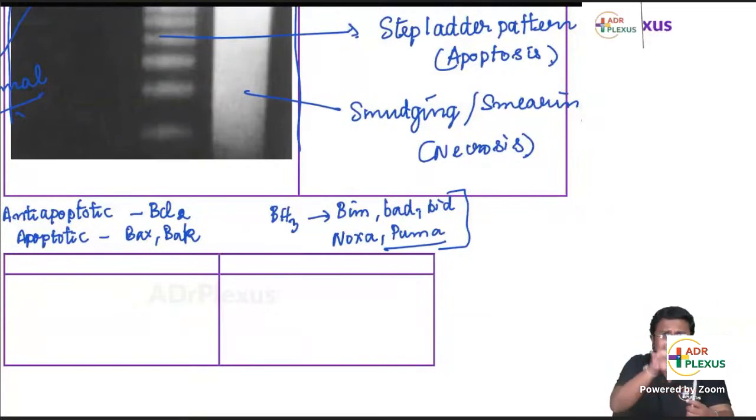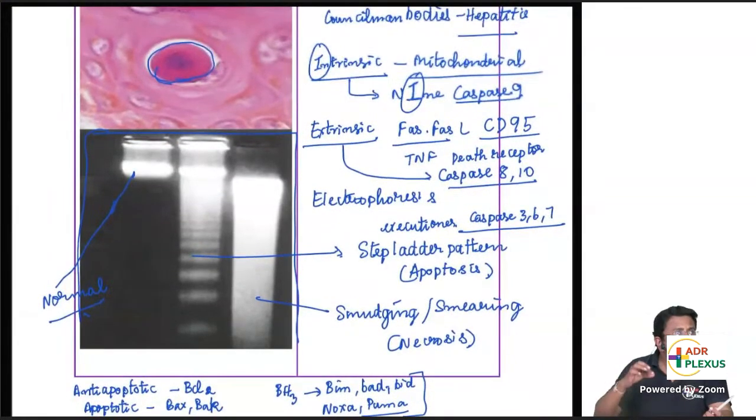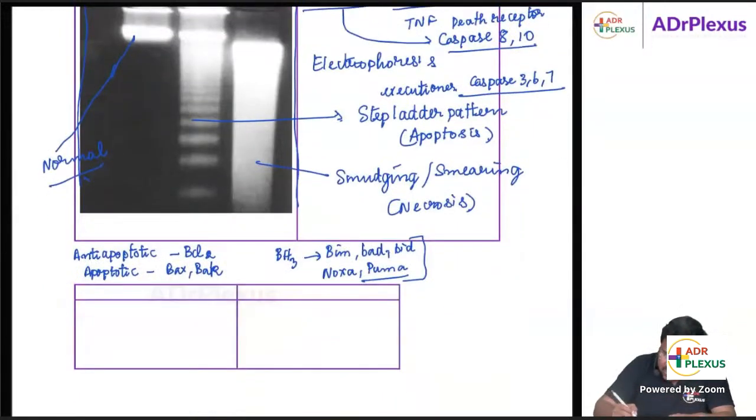The macrophages will engulf the apoptotic bodies. What is the process of phagocytosis which occurs in apoptosis? Efferocytosis.